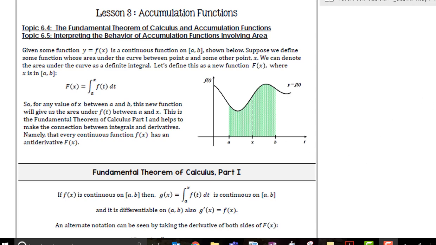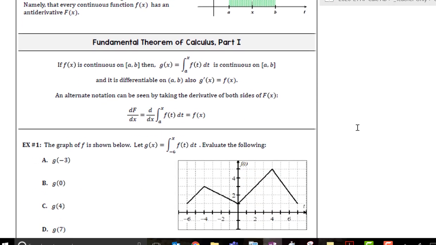We are now moving towards integration, which is like the antiderivative. Right now, we've really just been thinking of integration as area under the curve. But now we're going to start to make connections, saying that if you have a continuous function, you can have the integral of it and find that area under the curve, which is very exciting.